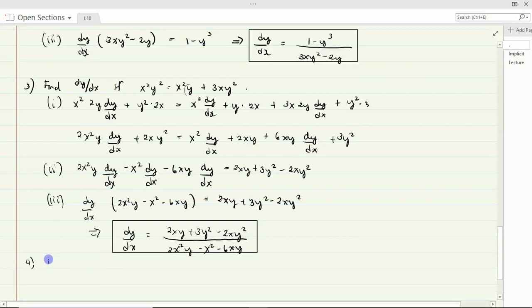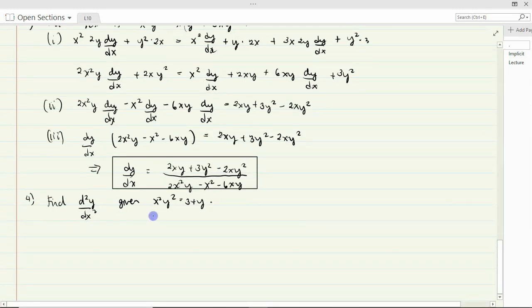Okay, for the final example, find not dy dx pala, but the second derivative of y with respect to x, given x squared y squared equals 3 plus y. Okay, gawin natin to. Implicit differentiation pa rin kasi yung y hindi written explicitly in terms of x.